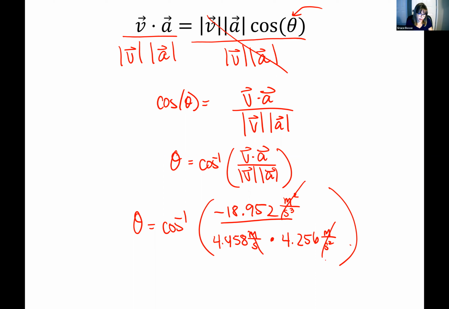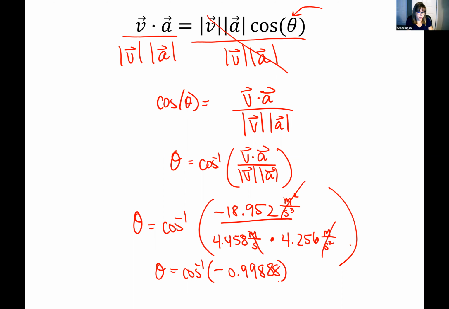And so my final answer is theta is the inverse cosine of negative 18.952 divided by 4.458 divided by 4.256. I get negative 0.99888.